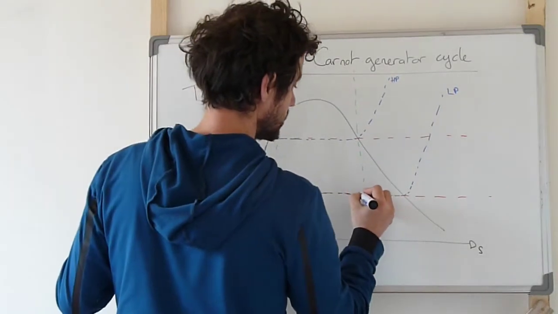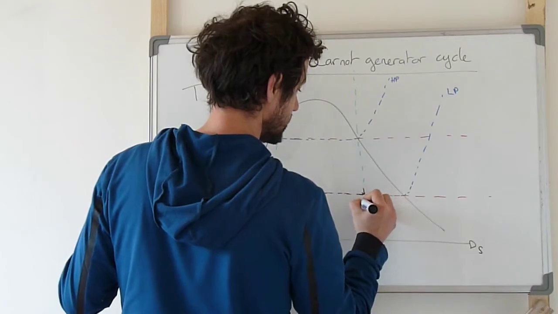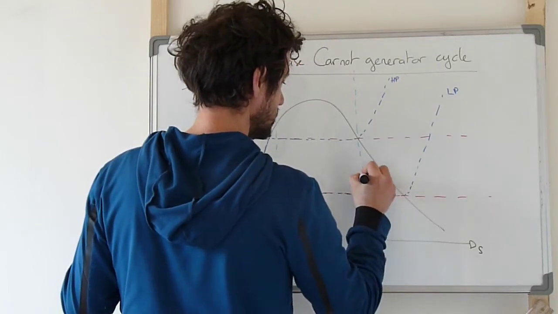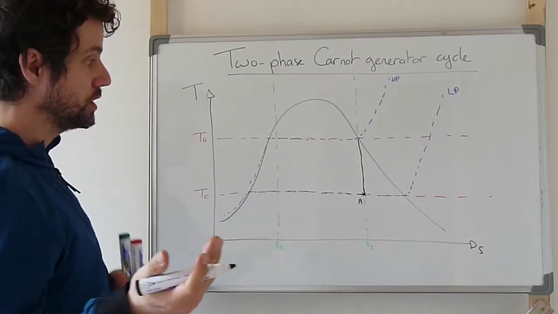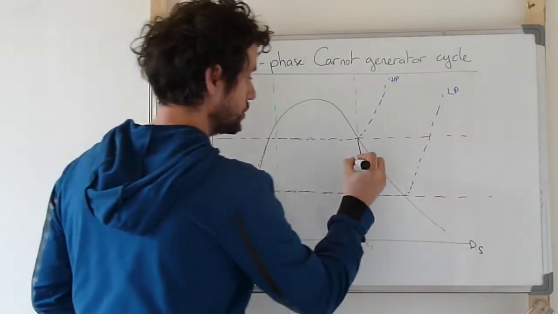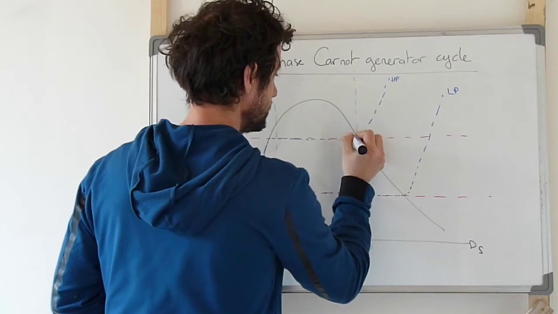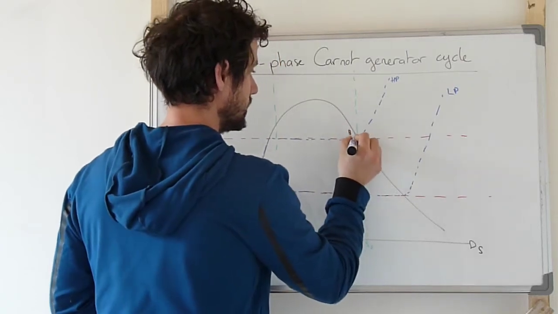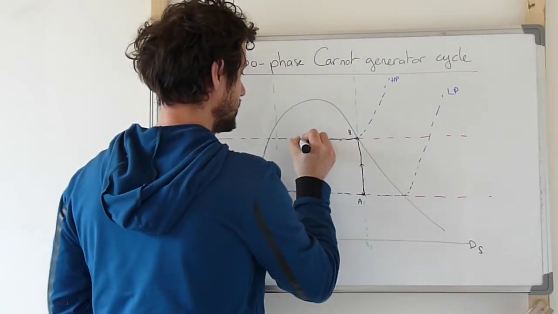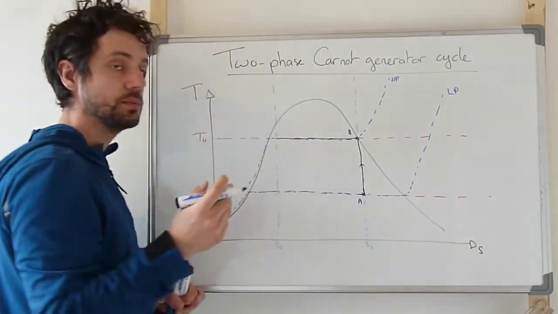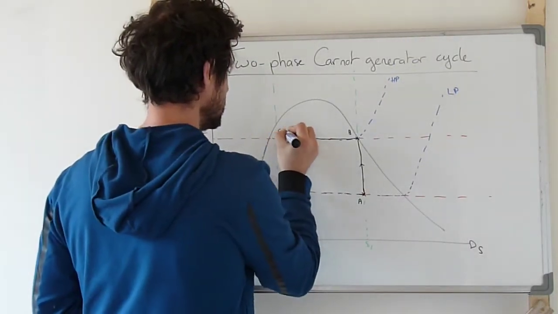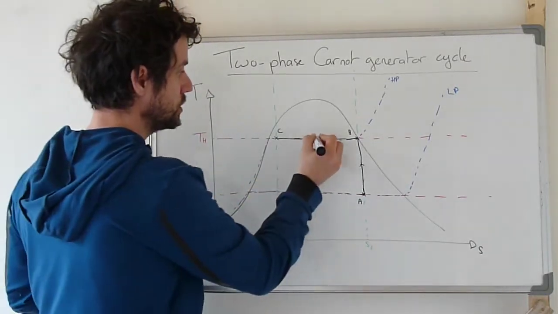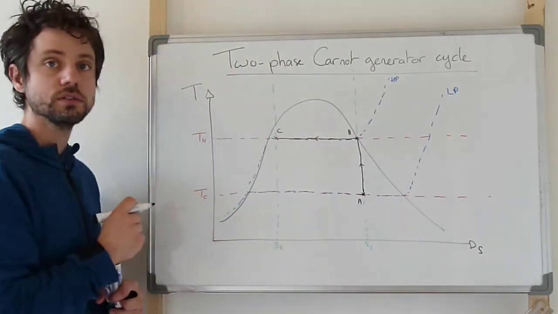So for the Carnot generator cycle, we can start somewhere, for example here. Then we have an increase of pressure and temperature at constant specific entropy to point B. Then an isothermal and reversible heat transfer from B to C at high temperature with a heat exchange with the hot source.